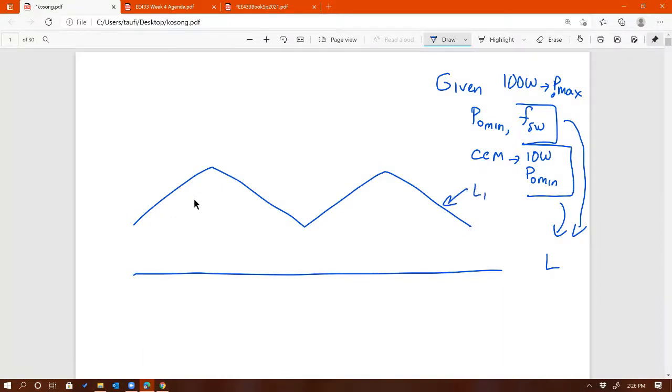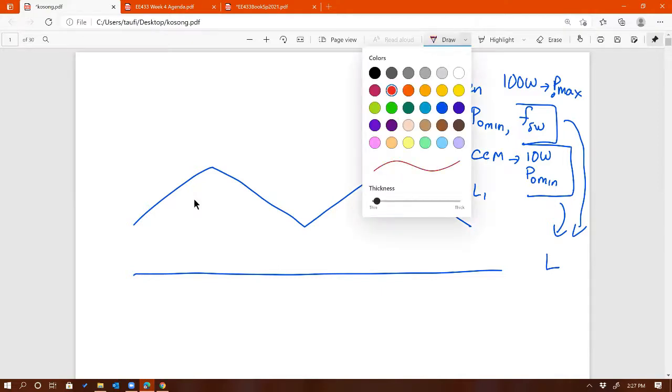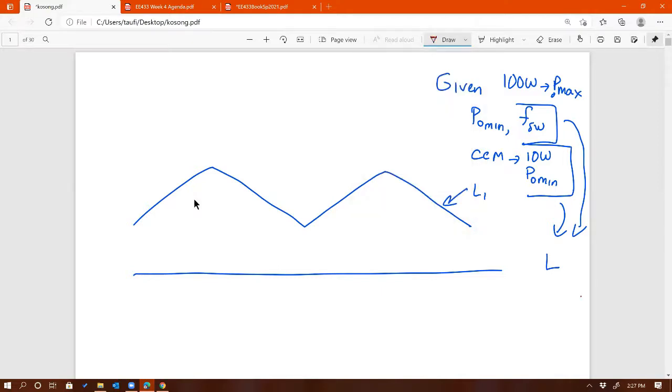And then for L2, for example, oh, L2 is actually a bigger inductor, and for 10% of the load I could have this peak-to-peak ripple.